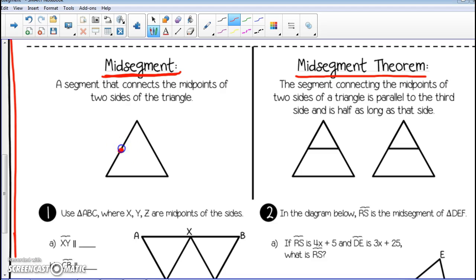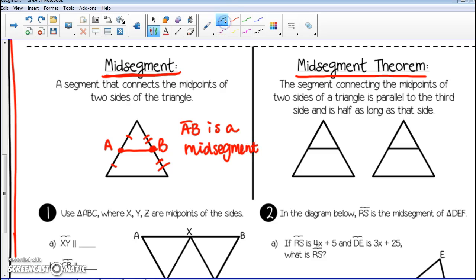If we find the midpoint, we'll call it A, and we find the midpoint on this side, so we have congruent segments here and congruent segments here, we'll call this B. So AB is a midsegment. That's the definition of a midsegment.